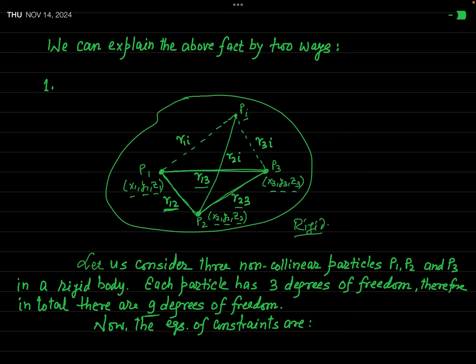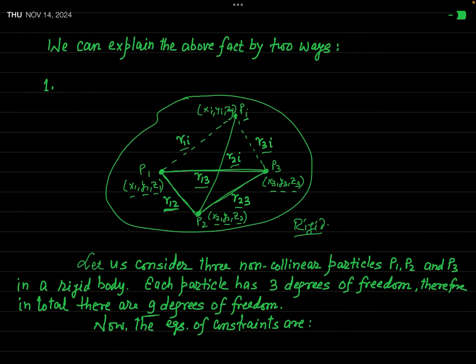And we will try to understand what will happen to the number of degrees of freedom if we consider this particle Pi. Suppose the coordinates of this point are xi, yi and zi. Then with respect to point P1, the distance of point Pi is R1i. With respect to P2, its distance is R2i. And with respect to P3, its distance is R3i.